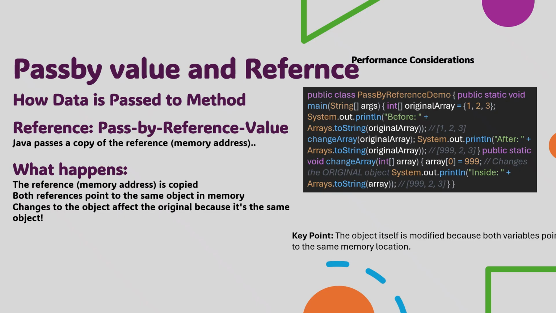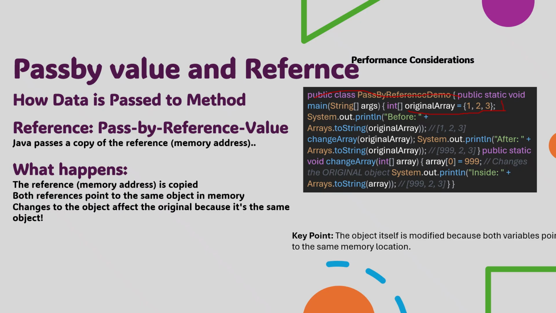Now, when you take a look at this code snippet, we have our class here as pass by reference. We've already declared our class and we have done what we're supposed to do. So you can see we have declared an integer array which stores 3 elements and the values are 1, 2, 3.